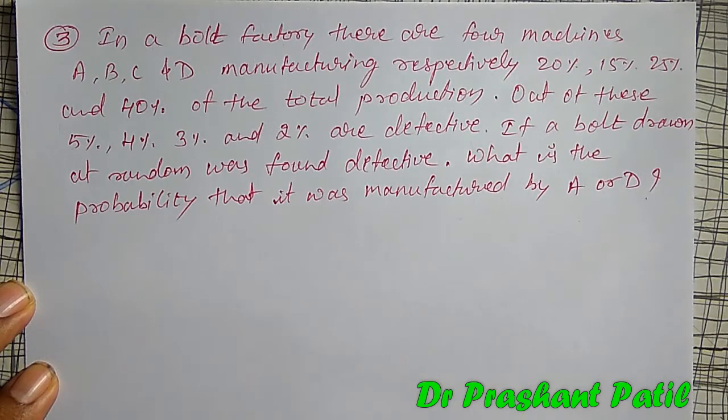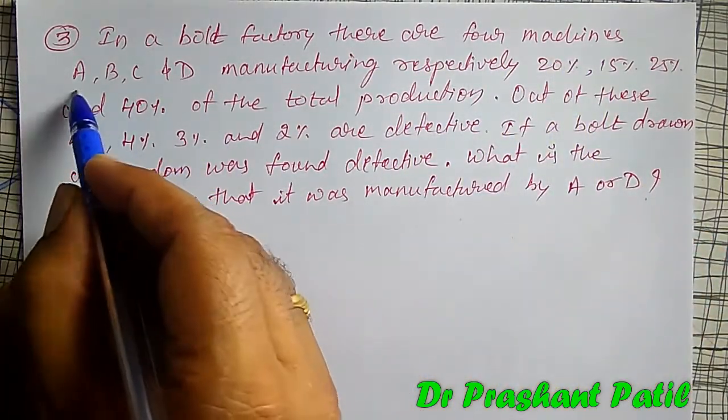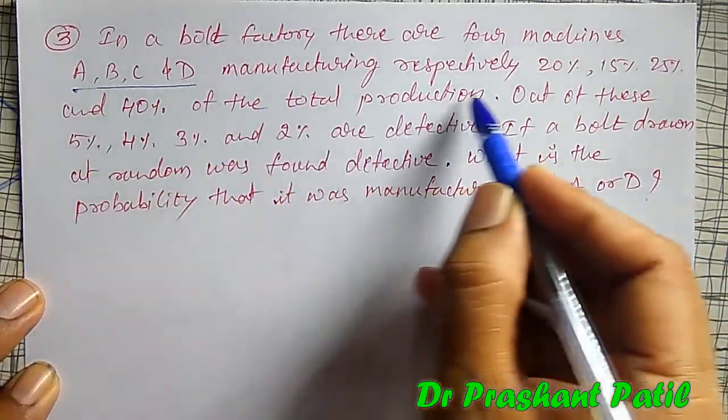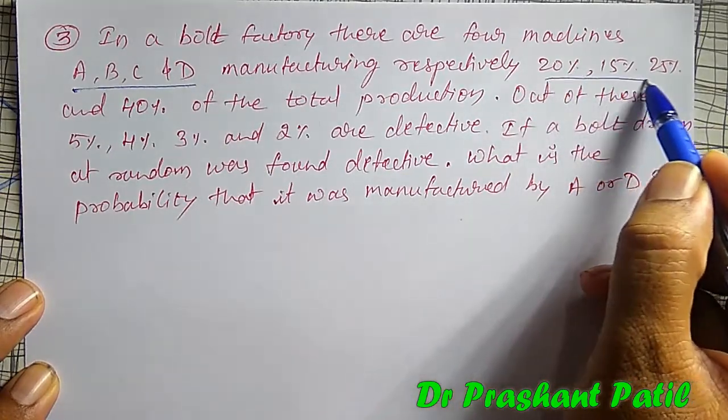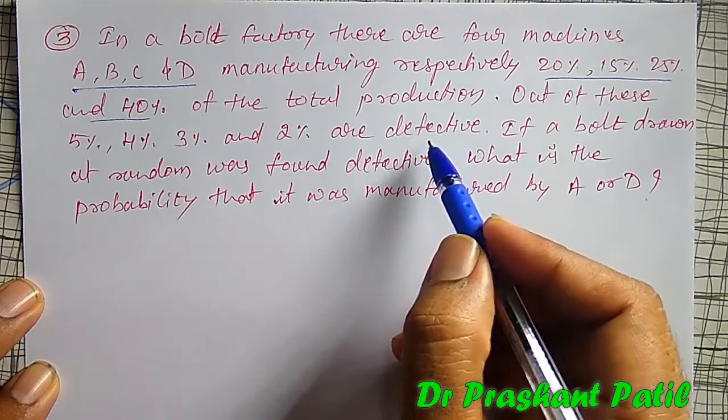Another example on this machine problem I'm going to solve here. Let me read the problem. If in a bolt factory there are 4 machines A, B, C, D manufacturing respectively 20%, 15%, 25% and 40% of the total production.